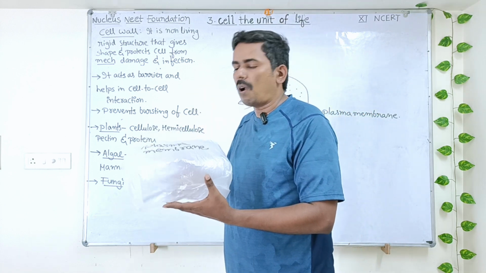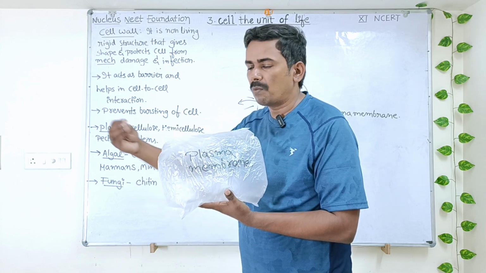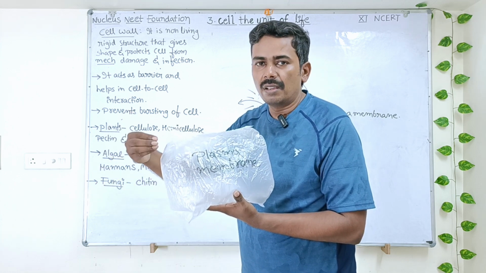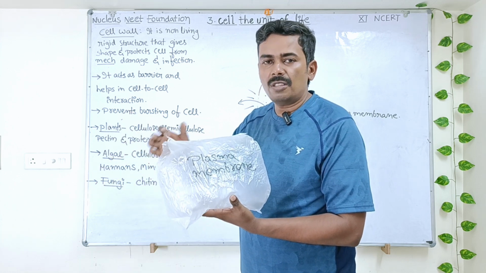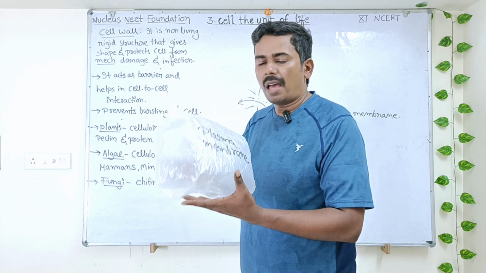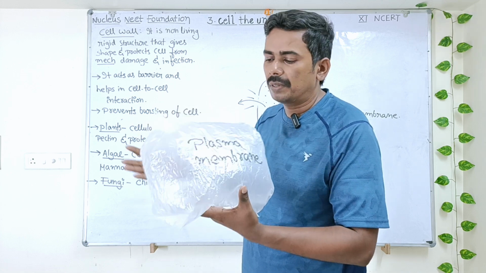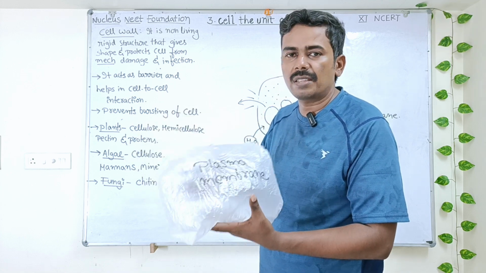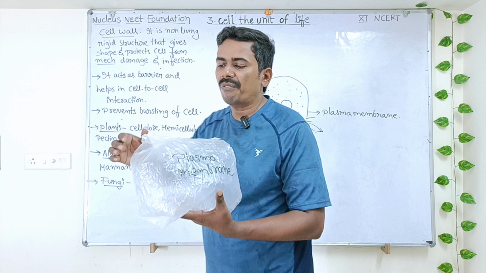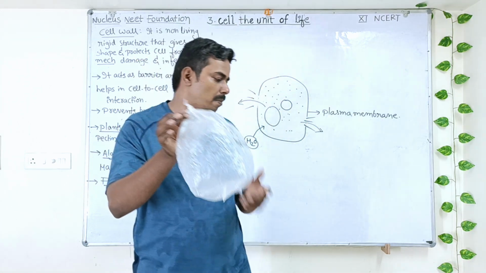Now imagine what happens during excessive entry of water molecules. When water molecules enter too much, the cell is going to swell. At one point the plasma membrane could not tolerate the pressure and it can burst, releasing all the contents. Then what if there is a rigid layer which is going to protect this plasma membrane?